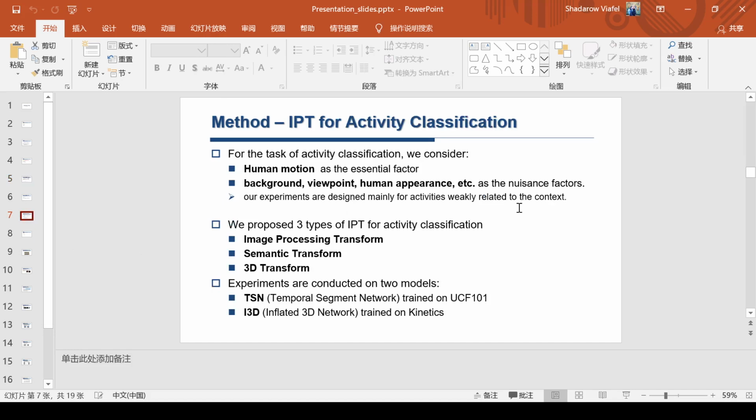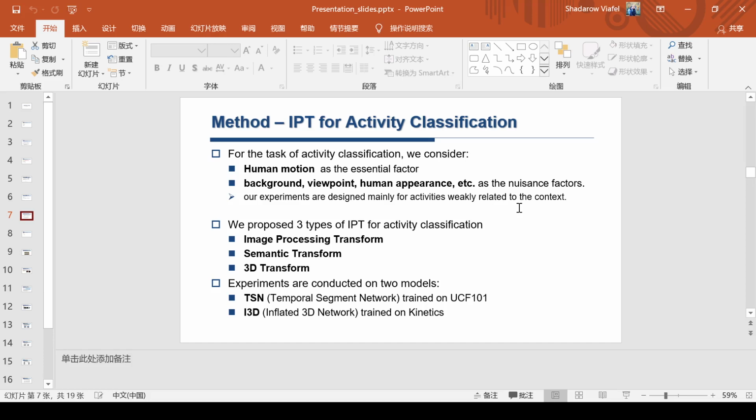For the task of activity classification, we consider human motion as the essential factor and other factors such as background, viewpoint, and human appearance as the nuisance factors. What's worth noting is that our experiments are designed mainly for activities weakly related to the context, but our method is suitable for all kinds of activities, as long as we include all factors related to the definition of the activity into essential factors.